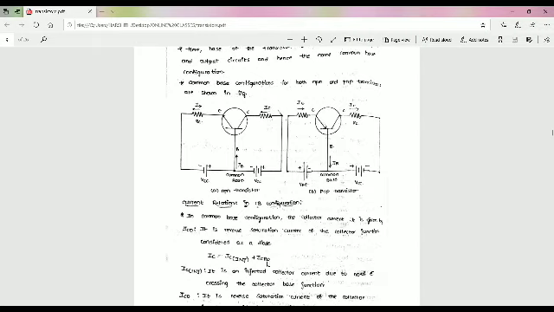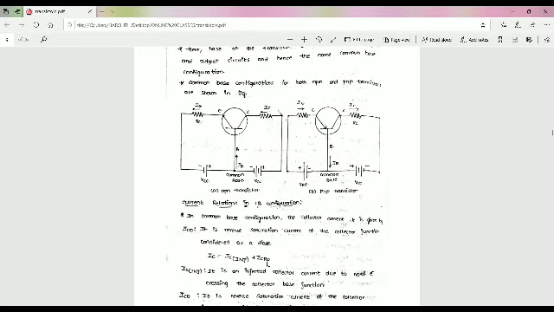IC injected is the injected collector current due to the number of electrons crossing the common base junction. ICBO is the reverse saturation current of the collector junction considered as a diode. Okay, ICBO is the reverse saturation current flowing due to the minority carriers between the collector and base when the emitter is open.